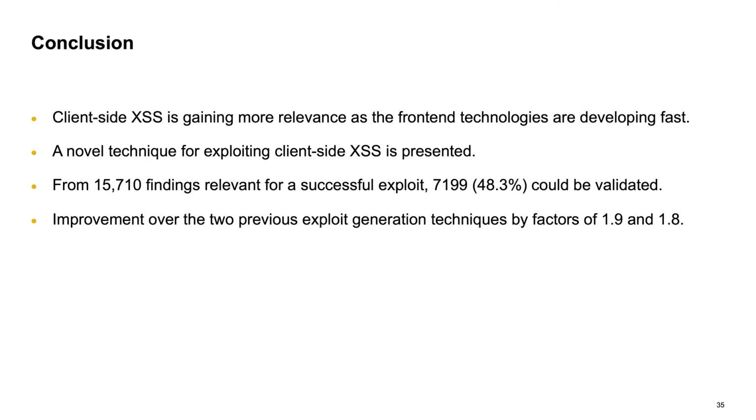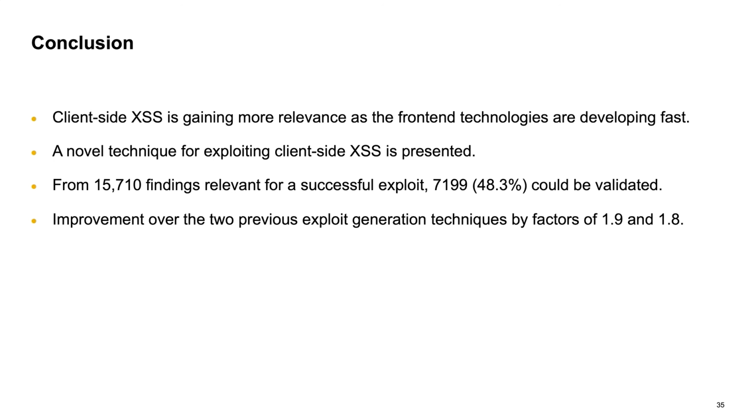So, in conclusion, this work presented a novel method for exploiting client-side cross-site scripting, considering only the location sources. This method presents an improvement over the two previous exploit generation techniques by factors of 1.9 and 1.8 respectively.